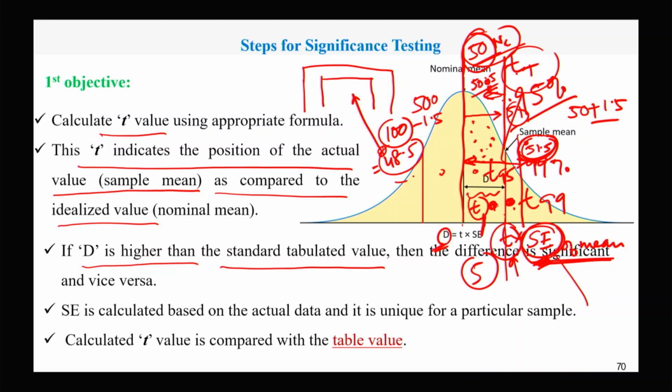So your range is 48.5 to 51.5. Within that range, if we allow the material, it will give some defect in the ultimate product.